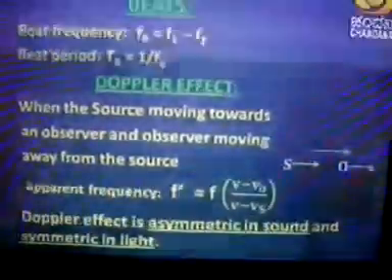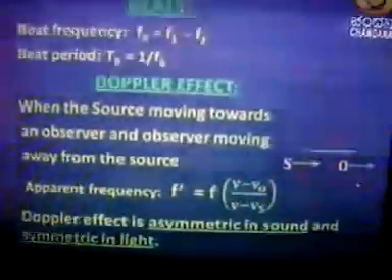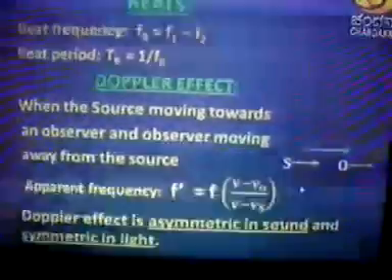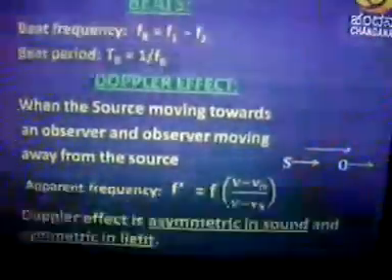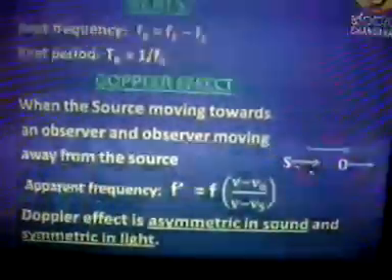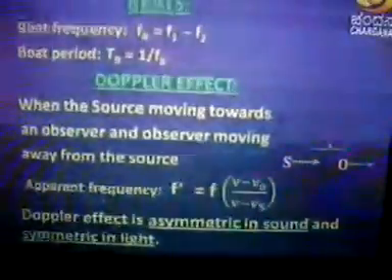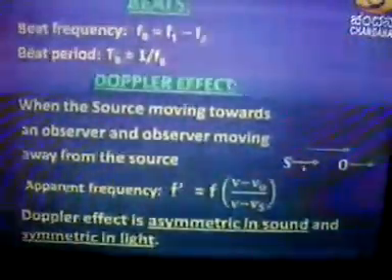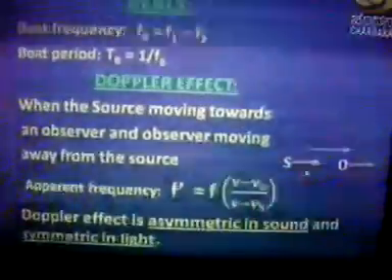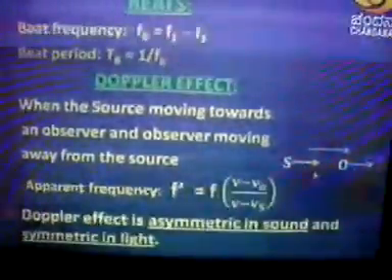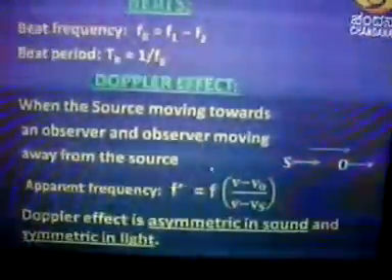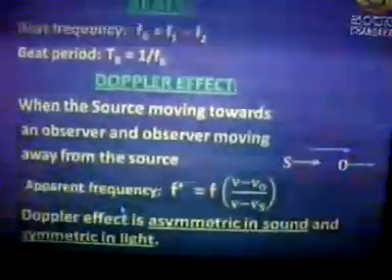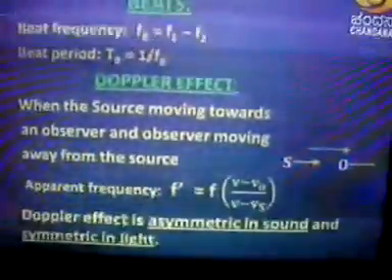And whenever the observer or the source is stationary, we have to take the value of its velocity as 0, and always consider the direction of sound, that is the velocity, from the source to the observer. Then the relative directions of source and observer are to be considered. Next, the Doppler effect is asymmetric in sound and it is symmetric in light.